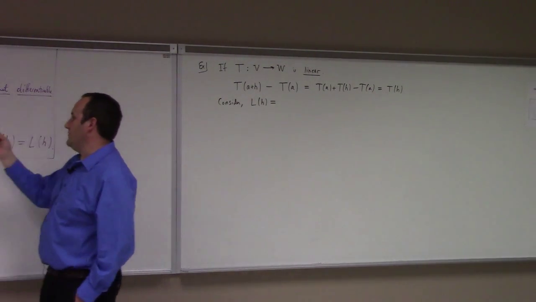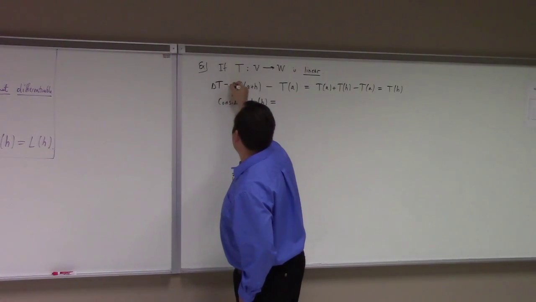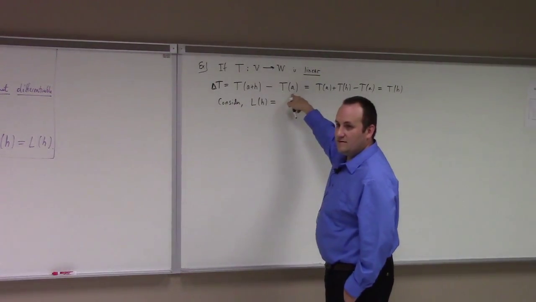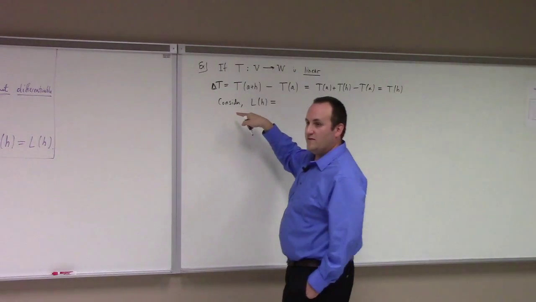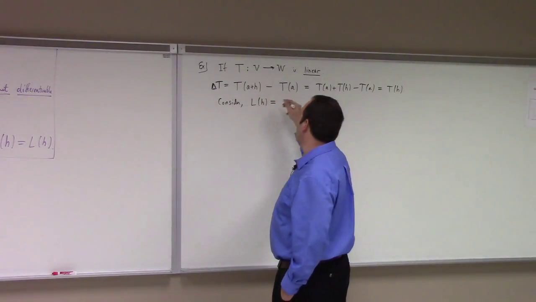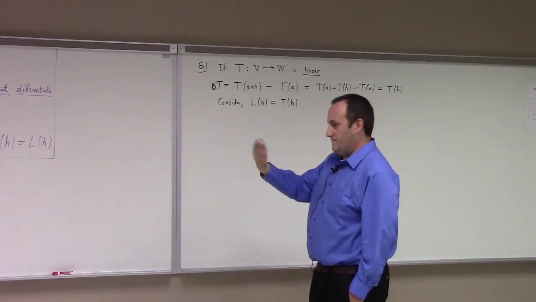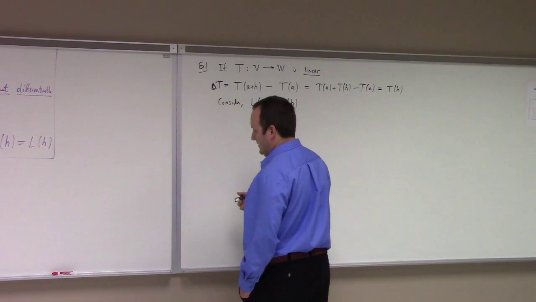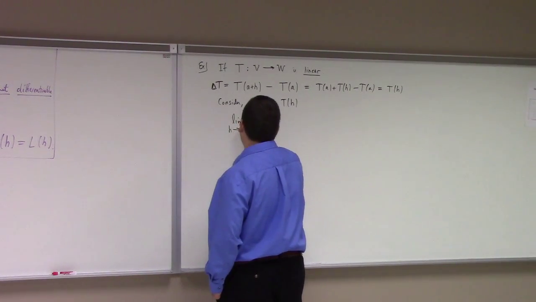What I'm calculating here is the change in T based at a. I calculated that the change in T is equal to T of h straight up. So I'm going to consider the linearization, the best approximation to the change in T, to be T of h.